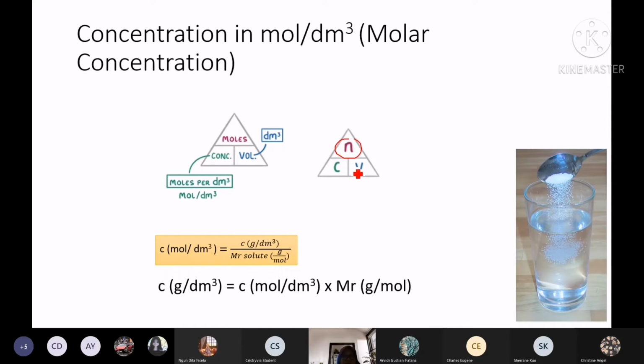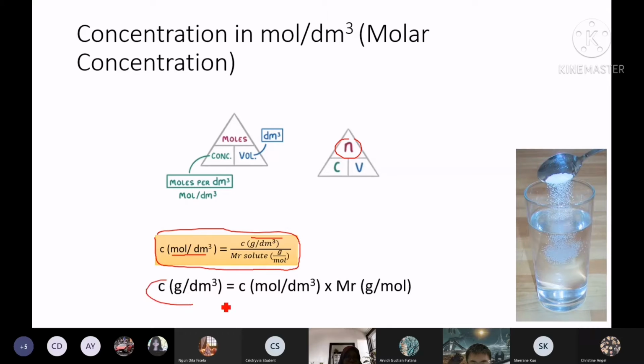What is the relationship between concentration with the unit mole over dm cube and the concentration with the unit grams over dm cube? These are the equations involving the concentration with different units. When the question asks for the concentration with the unit grams over dm cube, we can change these equations into these equations.